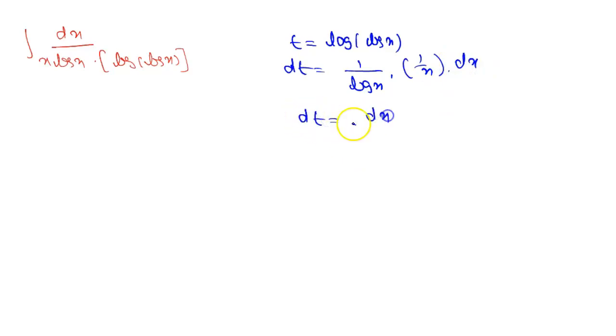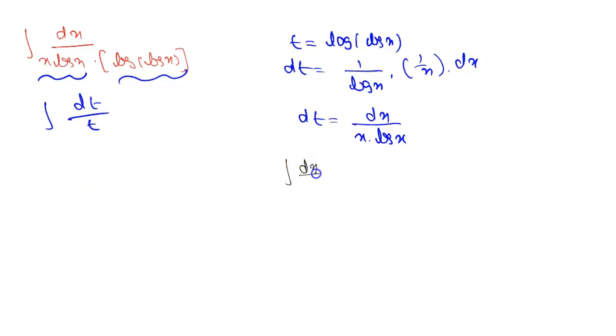So here dt is replaced with dx by x into log x. So this function is replaced with dt. So now integral dt by this function, which we have already taken as t, no? So dt by t. So here we have the formula in general: integration of dx by x is equal to log x plus c.